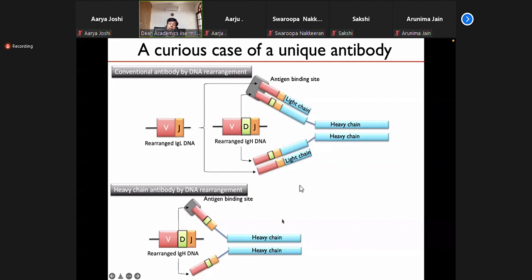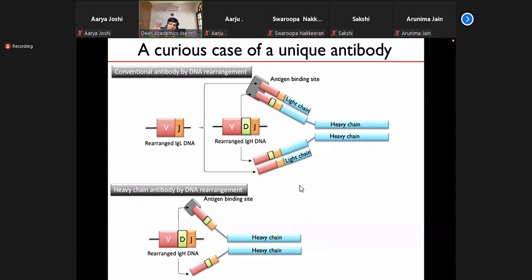However, there is one antibody type which is naturally existing in some animal species, and it has revolutionized the whole field of antibody engineering. These are called heavy chain only antibodies. Basically, these antibodies are dimers of only two heavy chains.